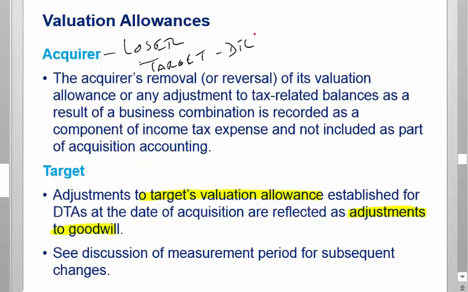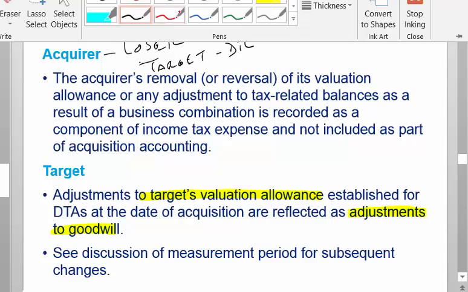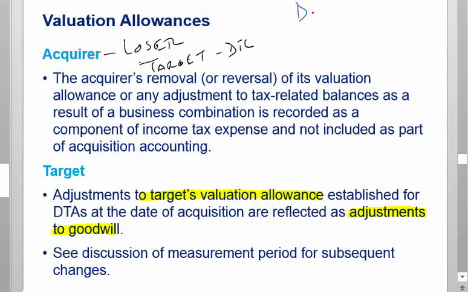So you, the loser, you go and you say, well, I got a full valuation allowance, I got NOLs, I'm not paying tax, this is great. I buy a target that has just one DTL for the intangible that books reflected at fair value. So normally, the journal entry to book that would be debit Goodwill, credit DTL. That's what we learned at the beginning of this class. But if I book that entry, now I have a net DTL.